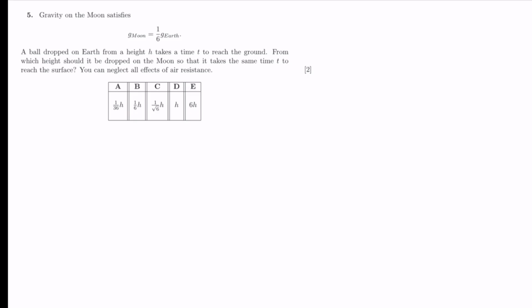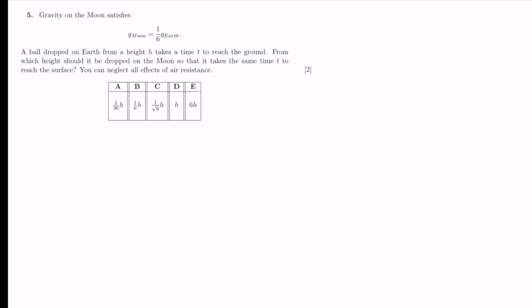Moving on. For the next one, it's going to be using the same type of equation most likely. So the gravity on the moon satisfies the equation that g of moon is equal to a 6th of the gravitational acceleration on Earth. A ball is dropped on Earth from a height h and takes a time t to reach the ground.